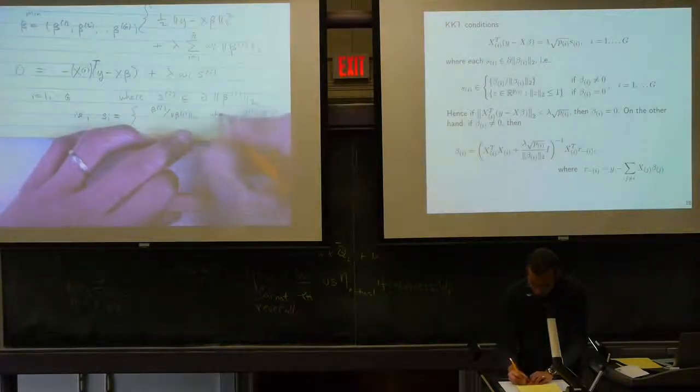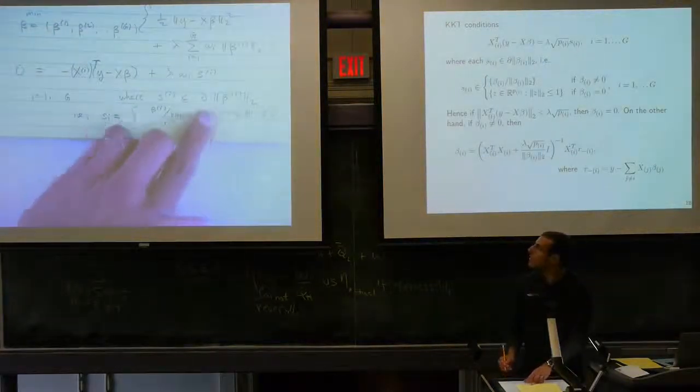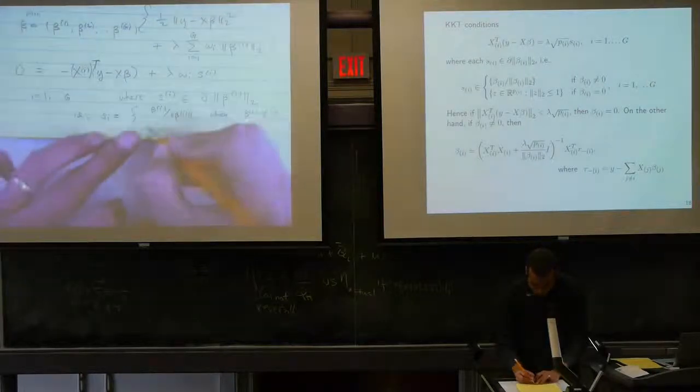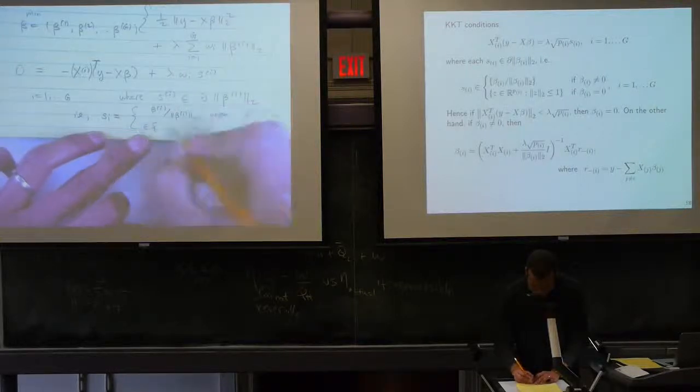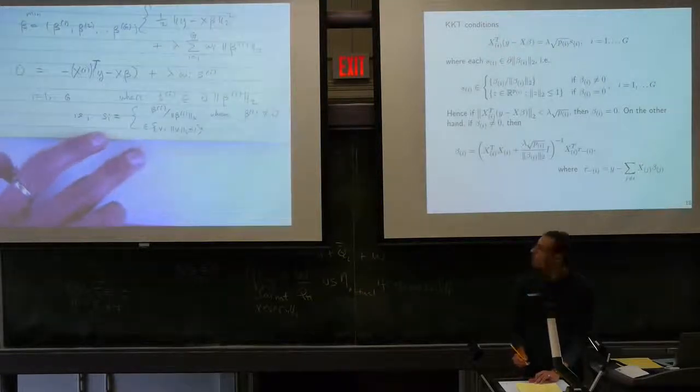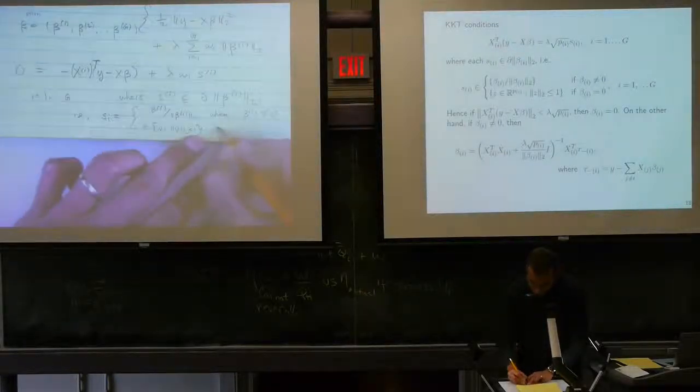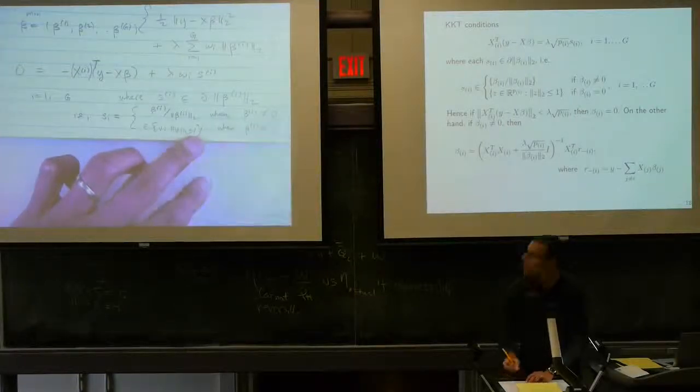Right, because in that case it's differentiable, it's just the gradient of this. And otherwise it's anything in the ball that has L2 norm less than or equal to 1, when beta_i equals 0.